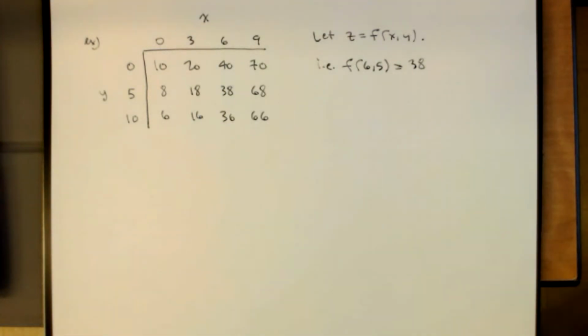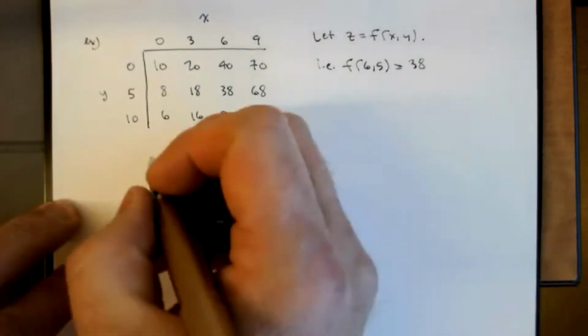So we want to ask the same questions that we had before. What's the derivative question here? How can we approximate it from the table? What's the integral question here? How can we approximate it from the table? We need some notation for this.